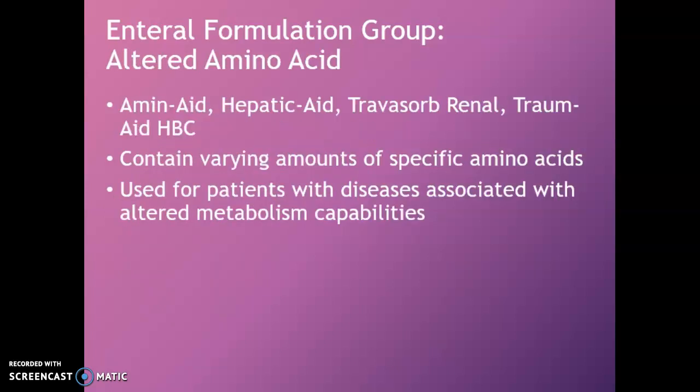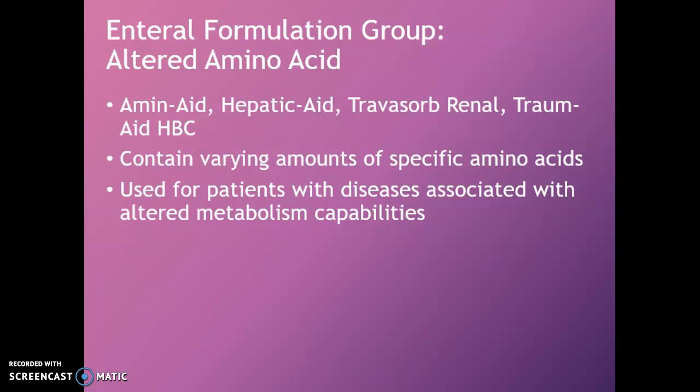Now, our enteral formulation group called the altered amino acids are typically or frequently referred to as disease-specific formulas. And these are Aminaid, Hepatic Aid, Travasorb Renal, Trauma Aid, HBC. You may be more familiar with the respiratory failure formulas, that's Pulmocare or Nutrivent.